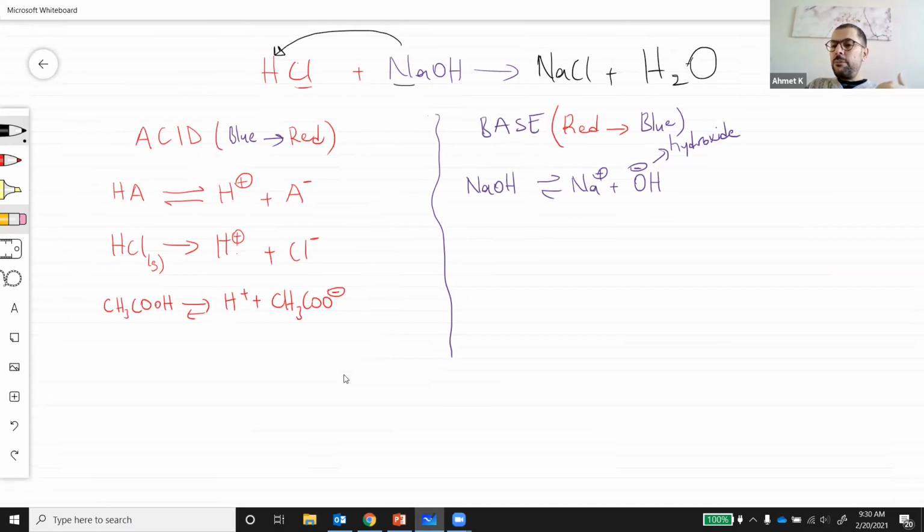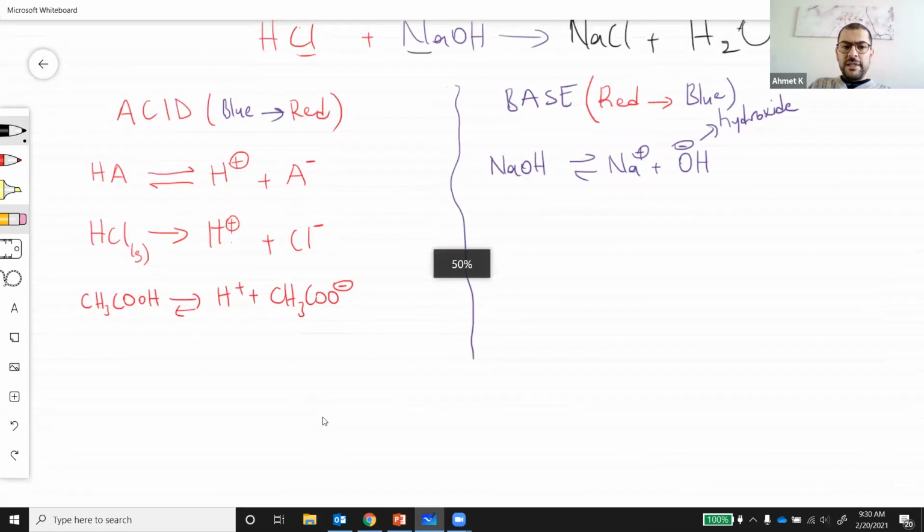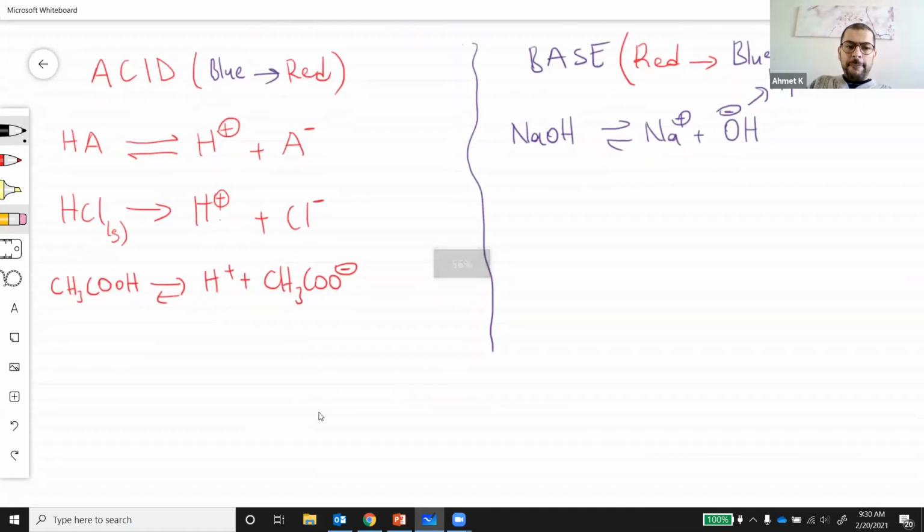Again, if you're going to come to my organic chemistry classes, we will talk about this in more detail, but in short, we talk about two things here: ionization first, and the second thing is how stable the conjugate base is. Basically, if I compare these two, what makes HCl a strong acid is that HCl is ionizable 100%.